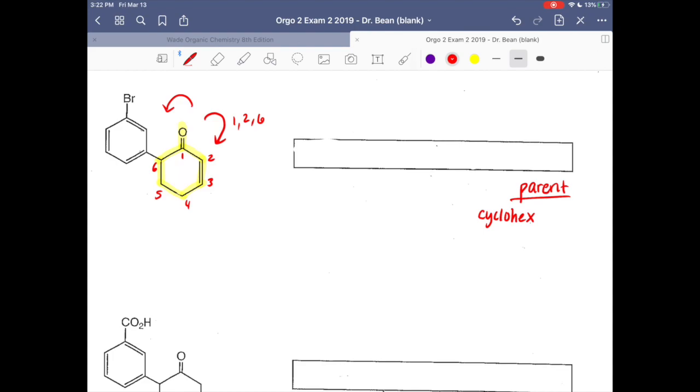If we were to go counterclockwise, what would we get? Let me put it in a different color, just to clearly distinguish between the two. So we would get 1, 2, 5. Do you guys see that? So which route are we going to take? The one of the lowest number, okay?